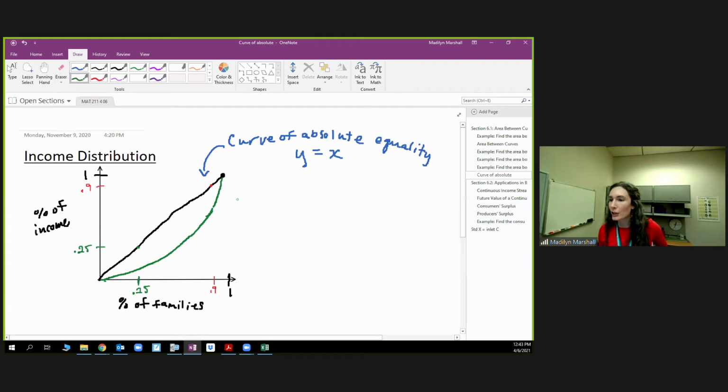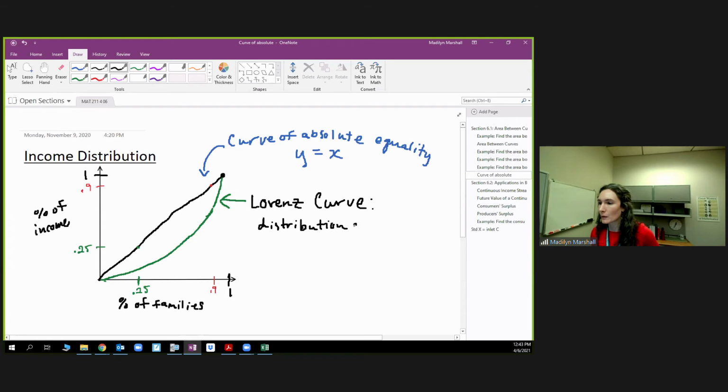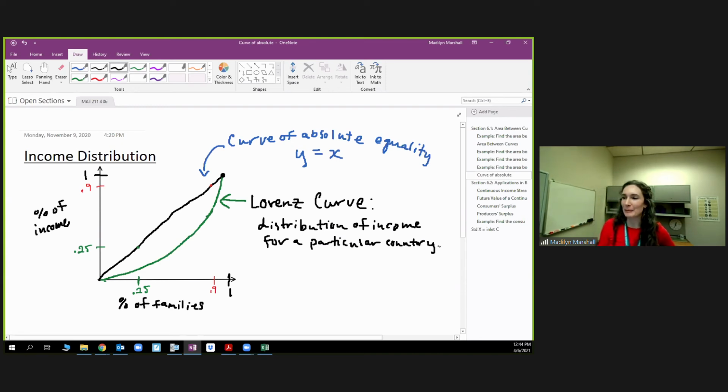This Lorenz curve shows the distribution of income for a particular country.